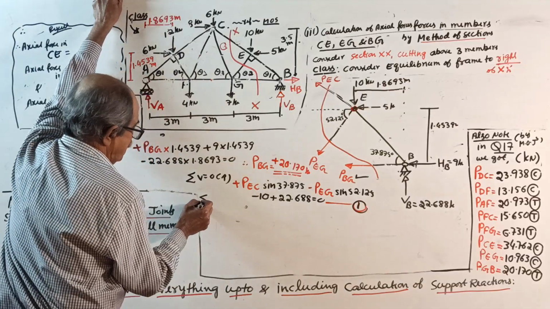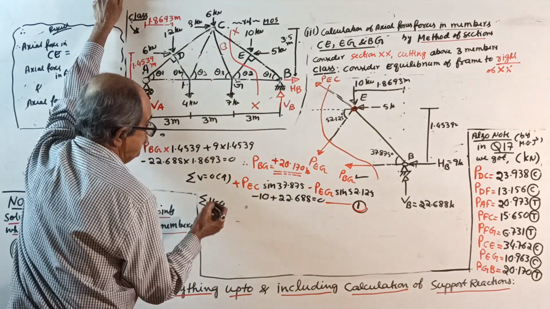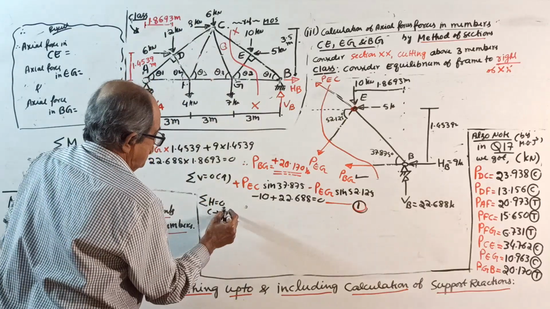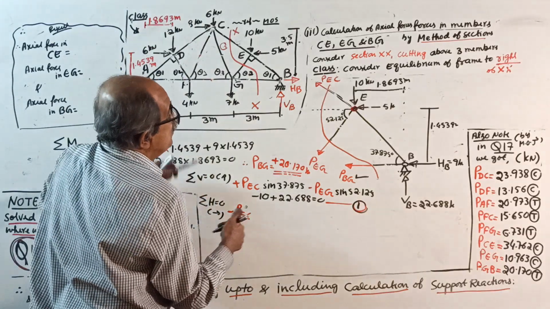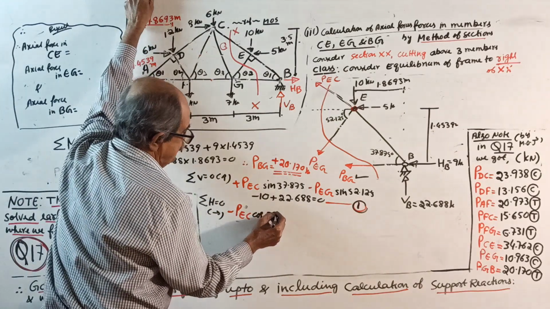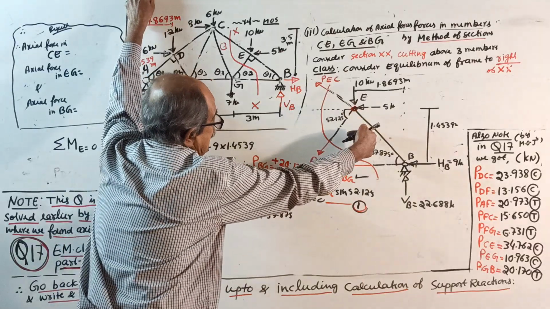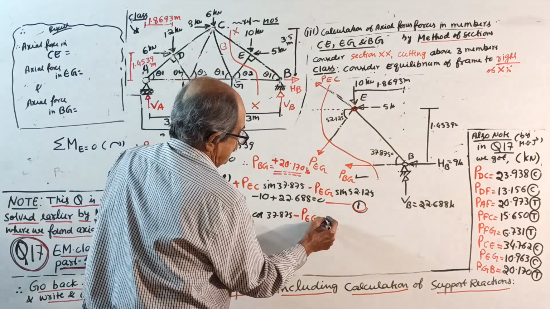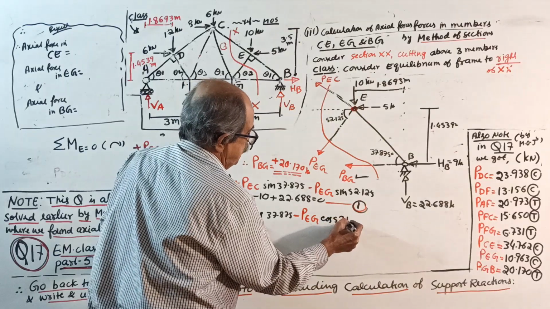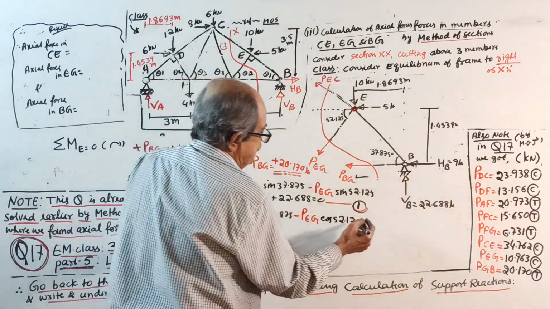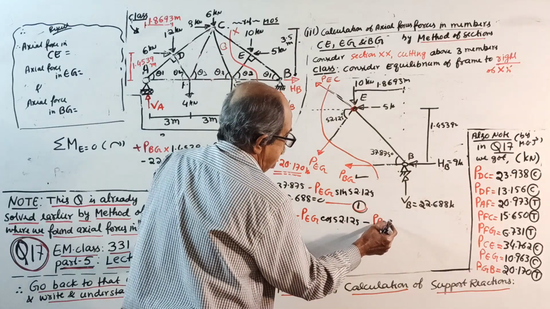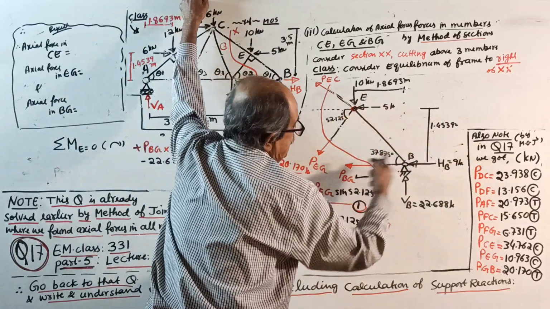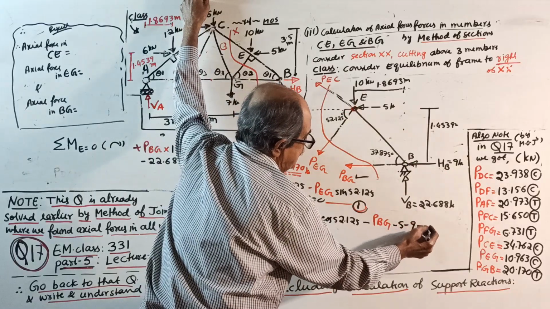Then sigma H equal to 0, take right side positive. All are negative. Minus PEC cos of 37.875, minus PEG cos of 52.125, minus PBG, minus 5, minus 9 equal to 0.